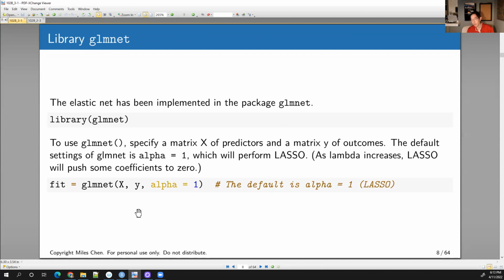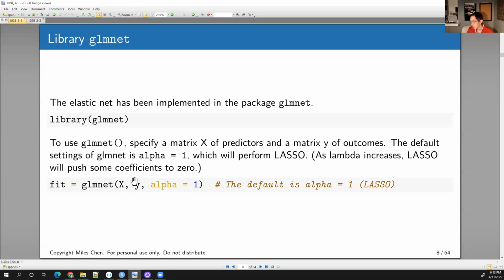Here you would have a matrix X, which is basically your predictor columns, and then a matrix Y, a column matrix of outcomes.